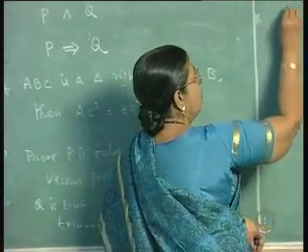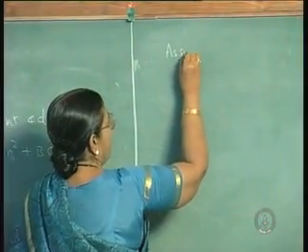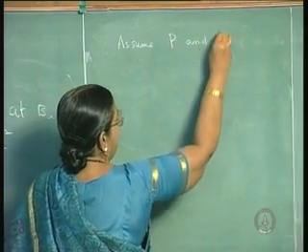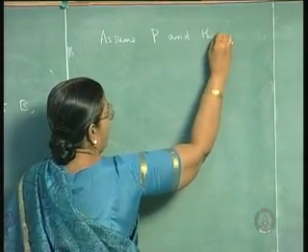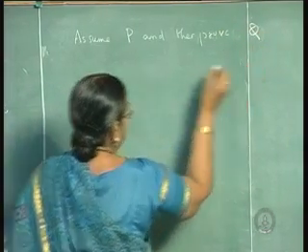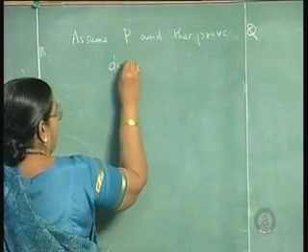Sometimes you assume P and then prove Q. This is called a direct proof.